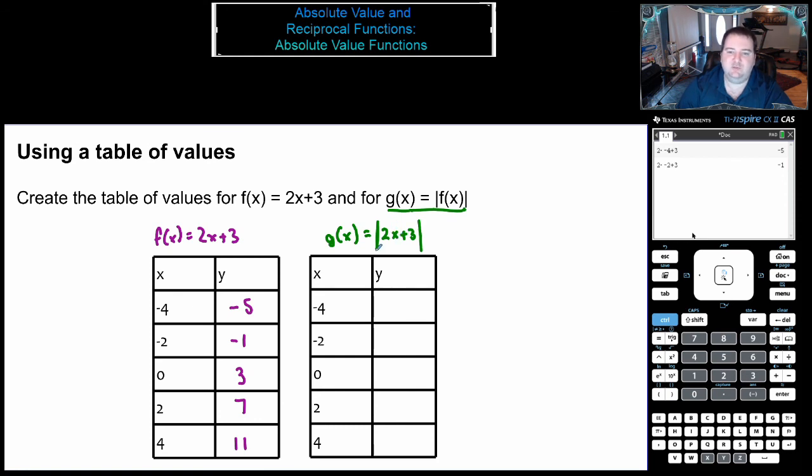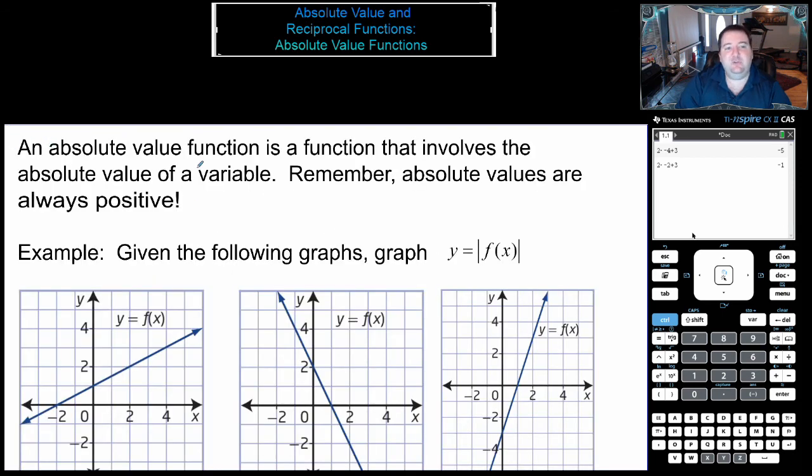We know that 2x plus 3 is -5, and the absolute value of -5 is 5. -1 becomes 1. 3 is already positive, so it stays the same. Same with 7 and 11. So there we go. Using a table of values, we can see exactly what's happening here. When you do the absolute value of your original function, only the y values change, and they go from negative to positive. An absolute value function is a function that involves the absolute value of a variable, just like we saw. And remember, absolute values are always positive.